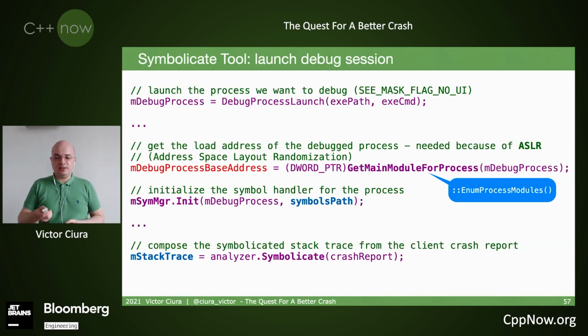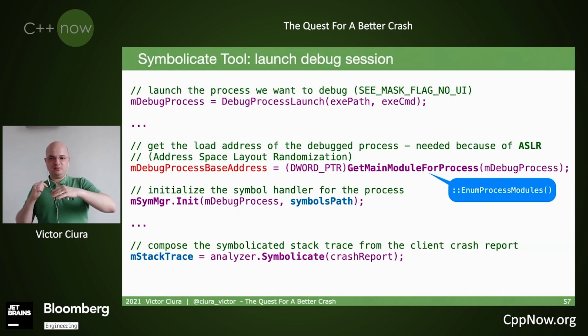And we get the main module for the process. This is a helper function that does EnumProcessModules, and we get the main module for the process. And this helps us handle the thing I talked about with ASLR, address space layout randomization. We get the current module base address.